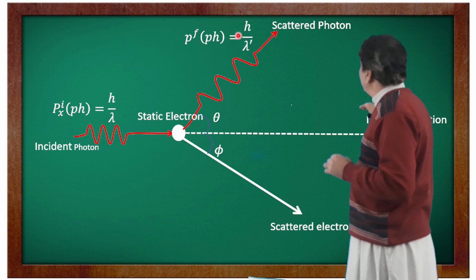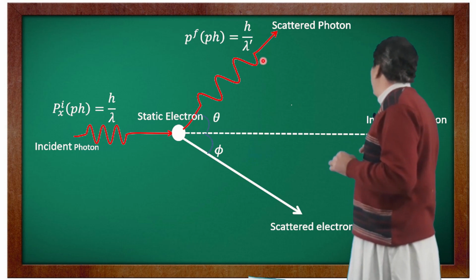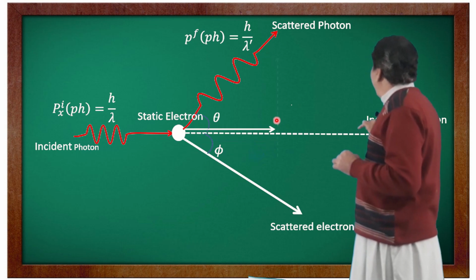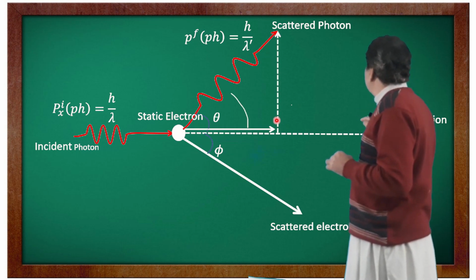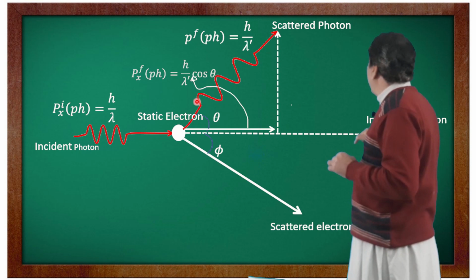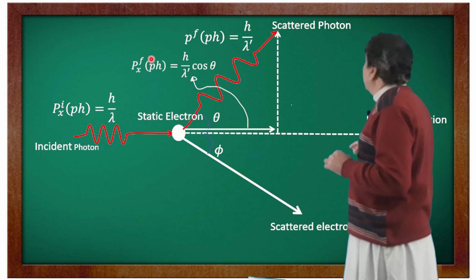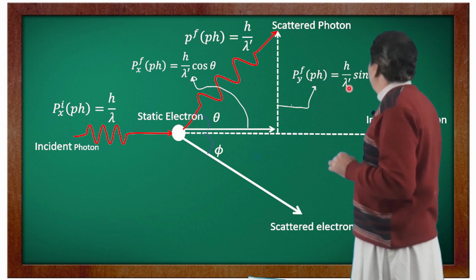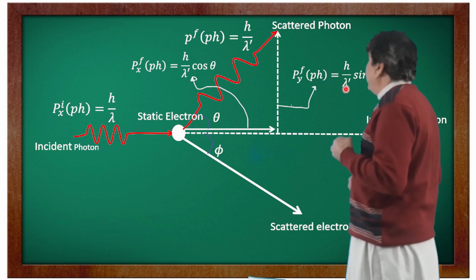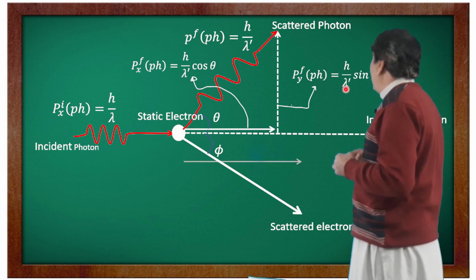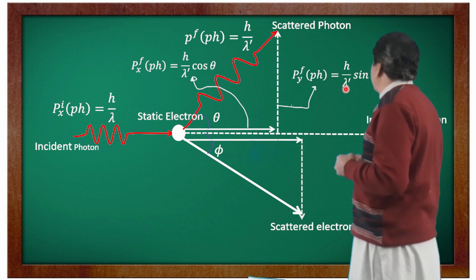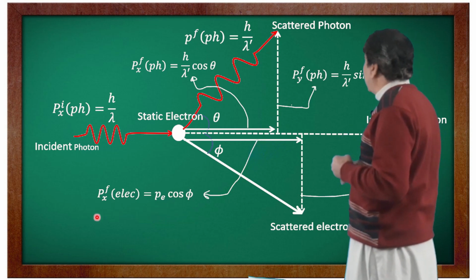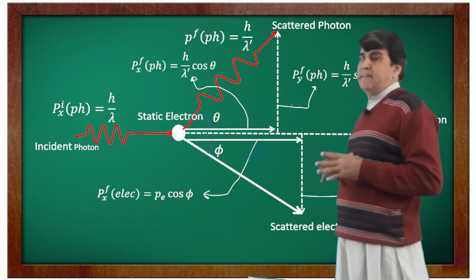This momentum has both x component and y component. By resolving this momentum, the x component becomes p x f equals h divided by lambda prime cos theta, and the y component becomes h divided by lambda prime sin theta. The components of the momentum of electron along x and y can be expressed as Pe cos phi and Pe sin phi respectively.